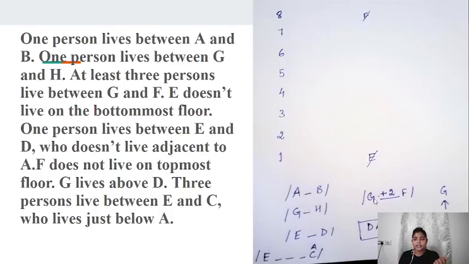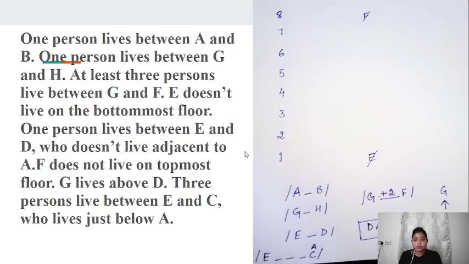I chose to write plus 2, which means 3, 4, 5, whatever will come. So it will be very easy to write. So G, F: there can be more people than 2 between G and F. This condition specifies that.